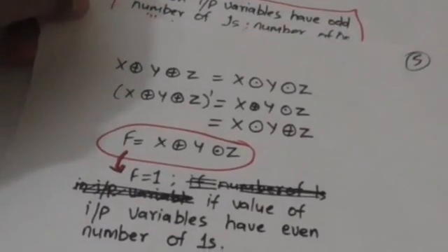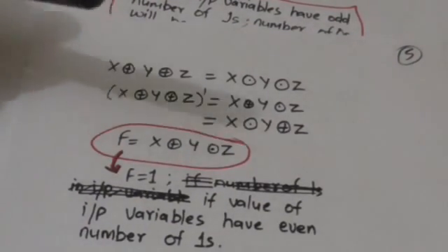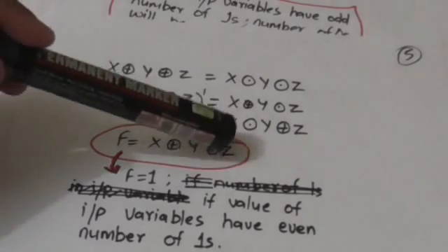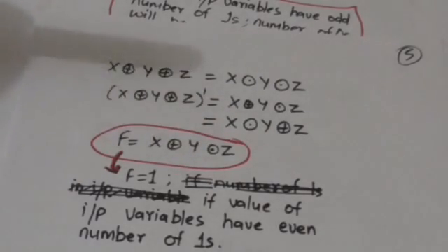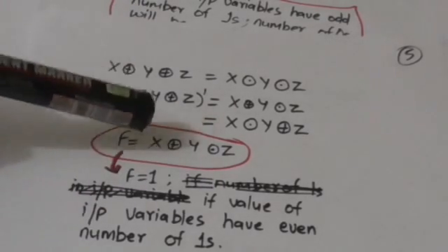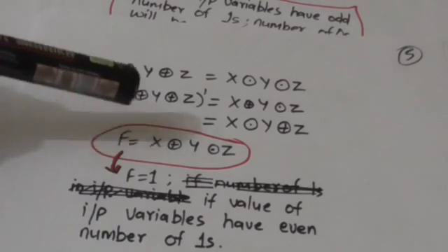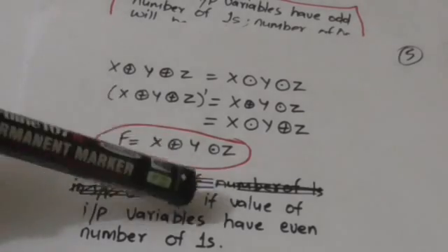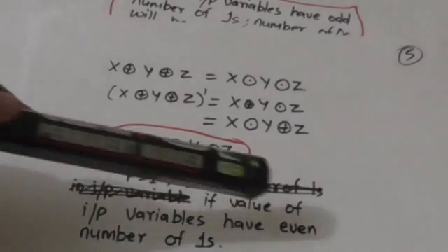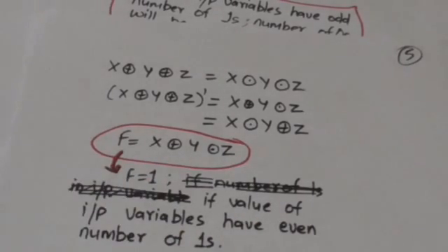So this function, x XOR y equivalence z, is the complement of x XOR y XOR z. So the value of this function f is 1 if the input variables have an even number of ones.